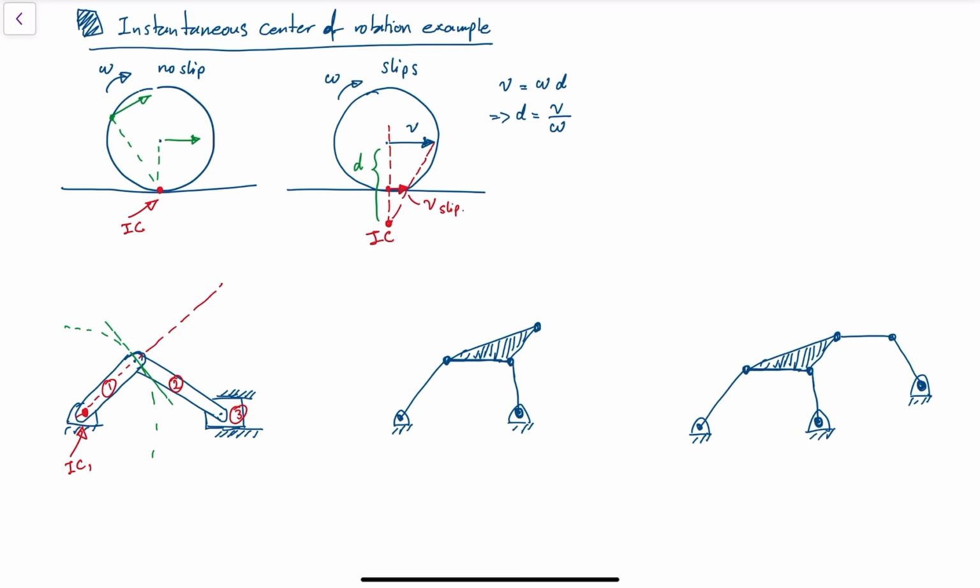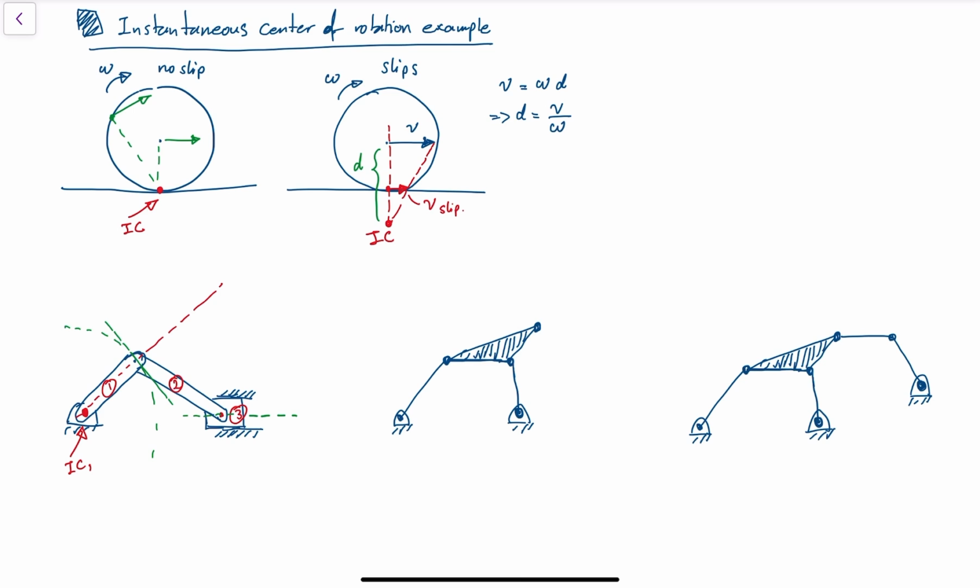We need another piece of information. The other hinge point of body 2 is attached to body 3, and body 3 goes just back and forth. So the velocity of this point, I don't know which direction, but I know it is along that line.